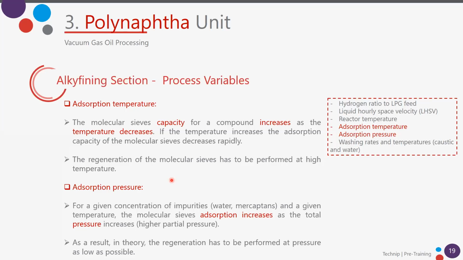If you work at low temperature and high pressure, then when you have the regeneration, you work at the opposite conditions, okay? You will work at high temperature and low pressures. We will see this also when we see the hydrogen unit with the PSA. We'll see this same type of adsorption processes.